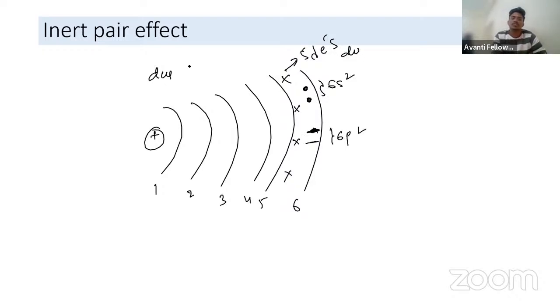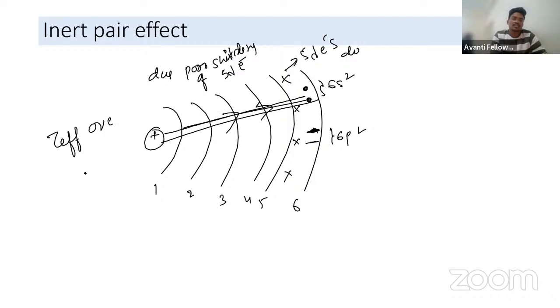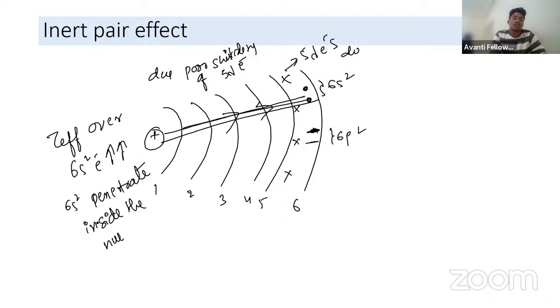Due to poor shielding of 5d electrons, what is going to happen? The effective nuclear charge over the s electrons will increase. The Z effective over 6s2 electrons increases. So 6s2 electrons move towards the nucleus, not inside, towards the nucleus.